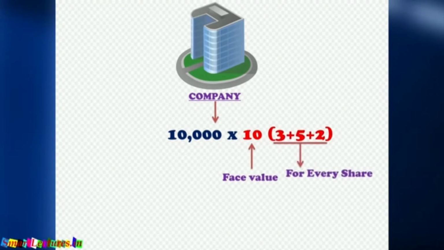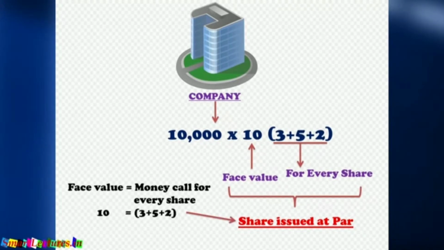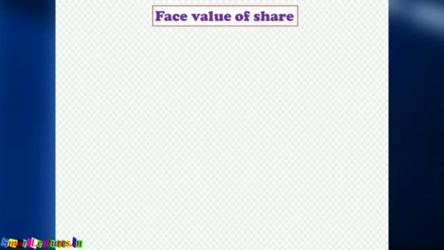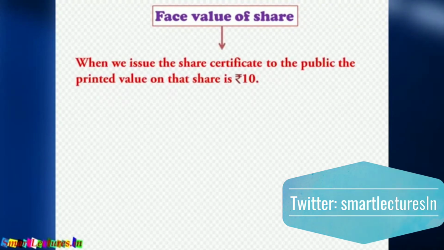Face value of a share means when we issue the share certificate to the public, the printed value on that share is rupees 10, meaning the printed value on the face of the share certificate is rupees 10. That's why it is called face value. So we are giving a certificate of rupees 10 and we are receiving money of rupees 10. So we can say the shares were issued at par.